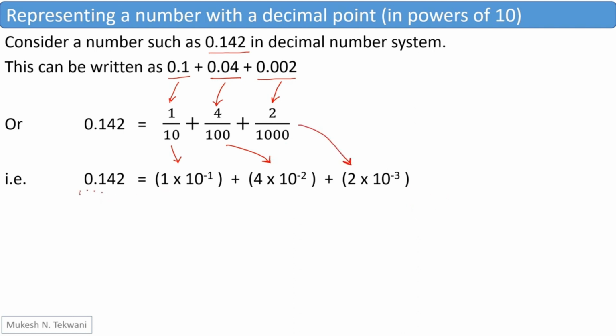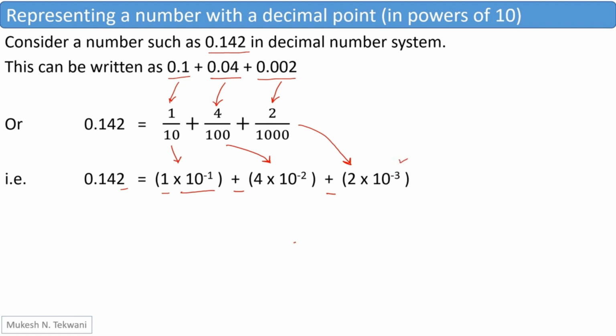So the important result here is that any number less than 1 can be written as a sum of the products of the digit and the appropriate multiplier of 10. Since this is the first place, 1 into 10 raised to minus 1. Since 4 appears in the second place after the decimal point, we have 4 into 10 raised to minus 2. Since 2 appears in the third place after the decimal point, we have 2 into 10 raised to the power minus 3.